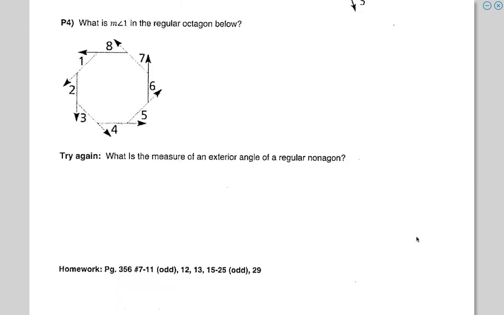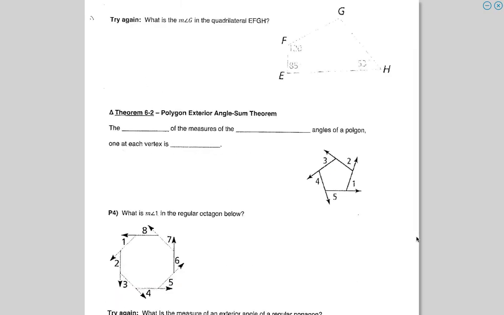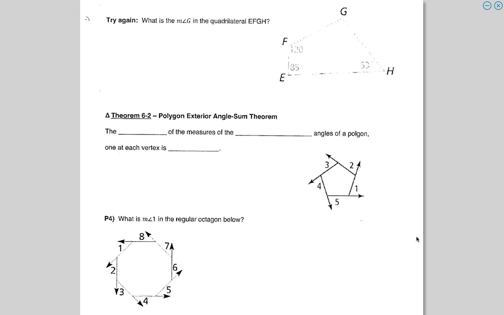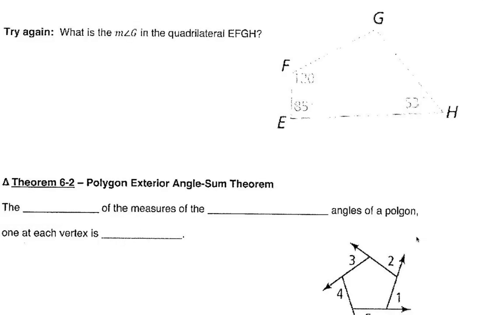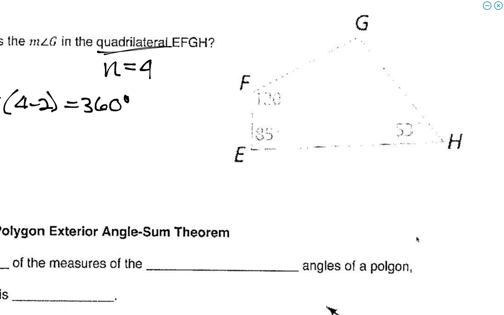All right. So here's just another one. Try it again. This time we have a quadrilateral. So n equals 4. So S equals 180 times 4 minus 2, so 360 degrees.